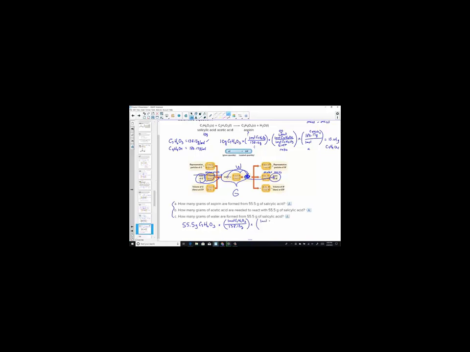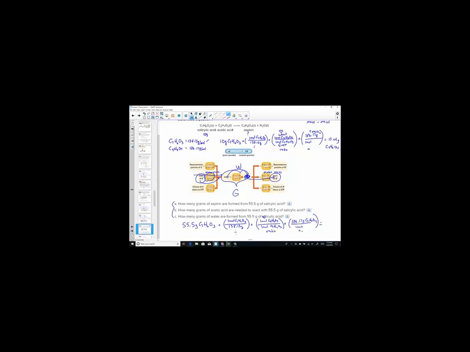It couldn't be any simpler. 1 mole of aspirin, I'll just write out its formula, which would be C9H8O4, forms from every 1 mole of C7H6O3. We want to know grams of aspirin, so we use its molar mass in this step. And when you hit, you divided, you ratioed, you multiplied.